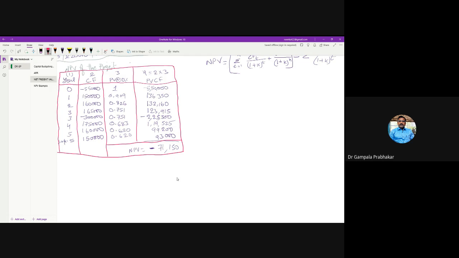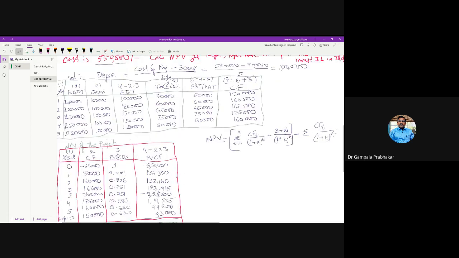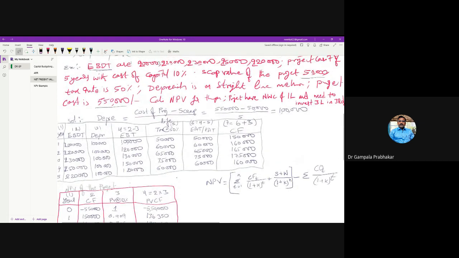So anyone have any doubt regarding this? Just go through the given explanation, and if you have a query to ask, you can ask now. I'll give 2 minutes. Meanwhile, go through the given problem and the solution.